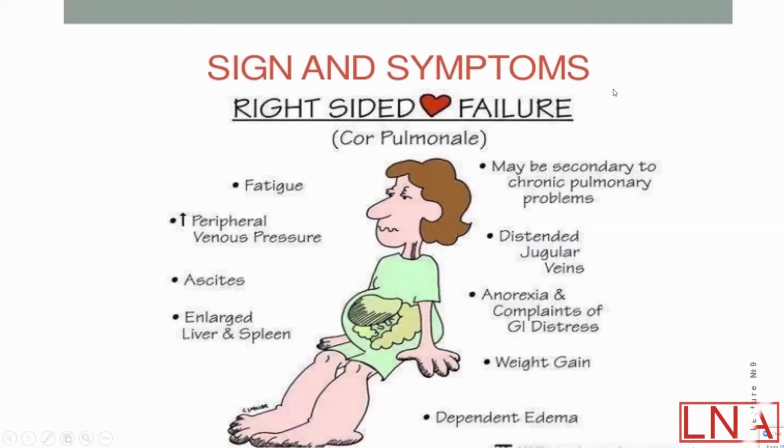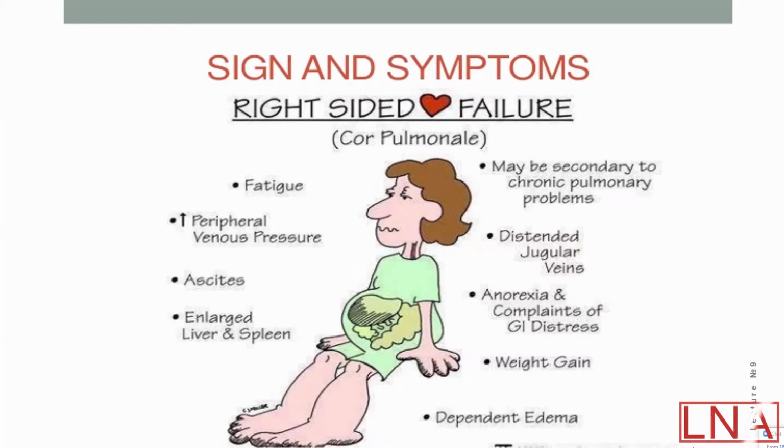Right side failure. Also fatigue, increase in peripheral venous pressure, development of ascites and enlargement in the size of the abdominal cavity due to collecting of liquid inside, enlarged liver and spleen due to collecting and stagnation of the blood.